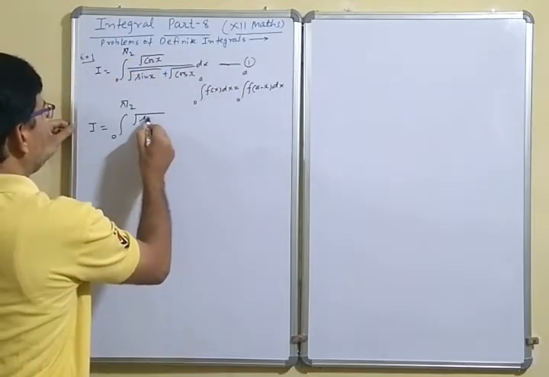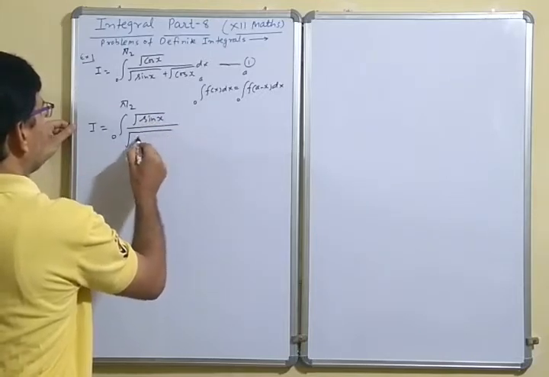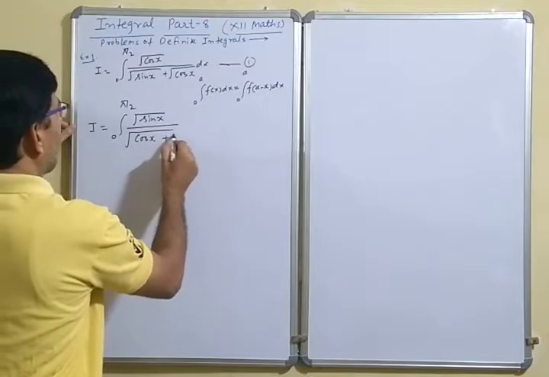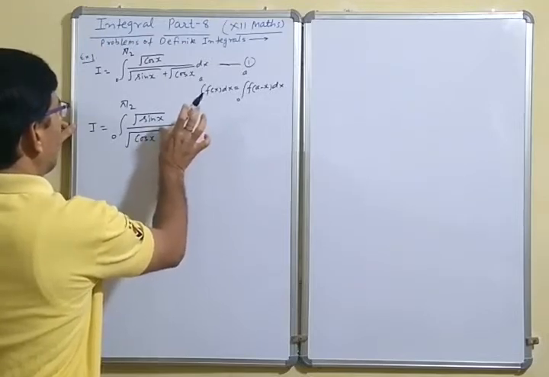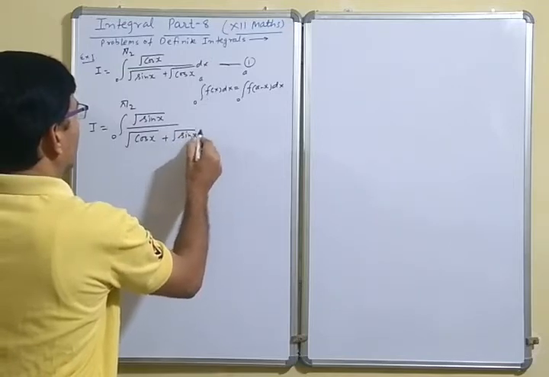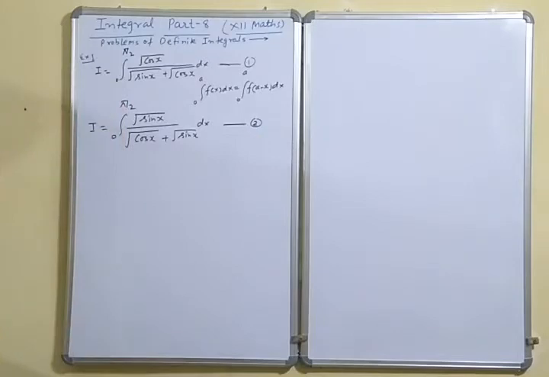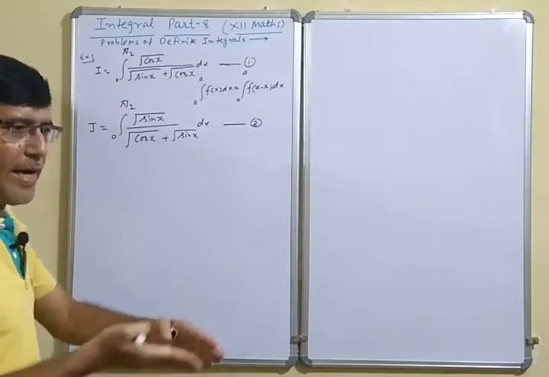So in the numerator it becomes root sin x. In the denominator it is root sin(90 minus x), that is root cos x, plus root cos(90 minus x), that is root sin x, dx. Mark it as equation number 2, and then we will add these two equations.